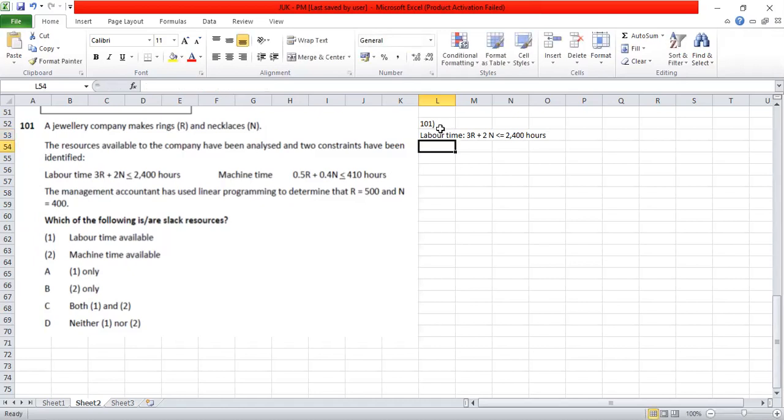R and N are given as 500 and 400. So we see 3 into 500 plus 2 into 400 should be a maximum of 2,400. But how much is that? 5 threes are 15, 2 fours are 8, so 1,500 and 800 is 2,300. Is it 2,300?